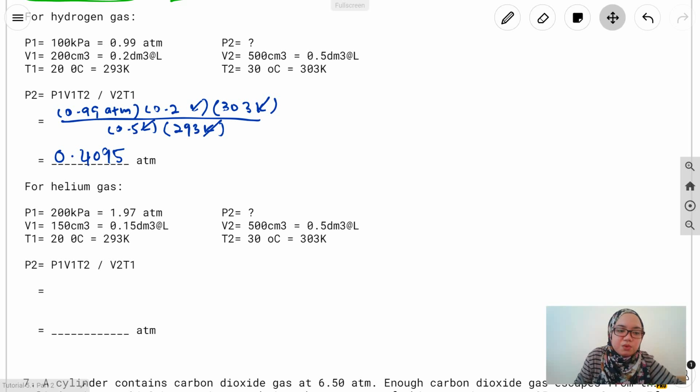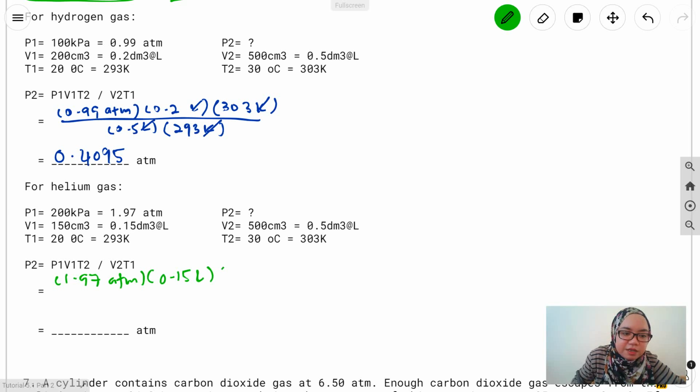Just the same, we need to substitute all the information into the formula. So 1.97 atm times 0.15 liter times 303 Kelvin over 0.5 liter times 293 Kelvin.